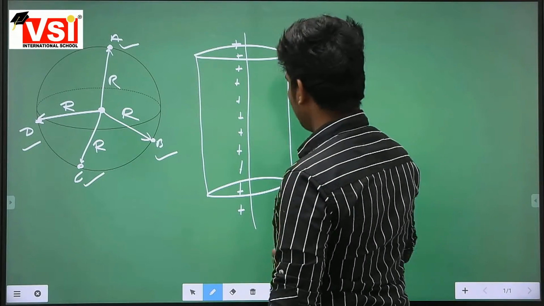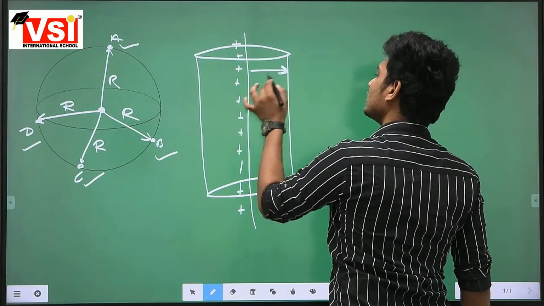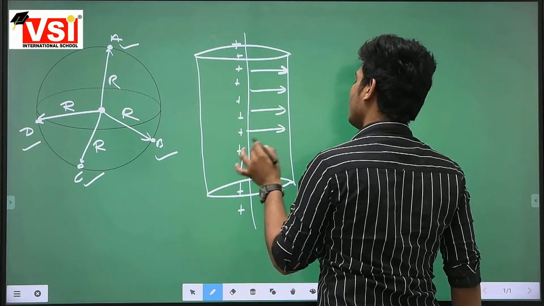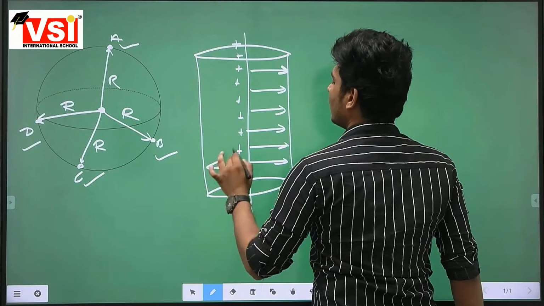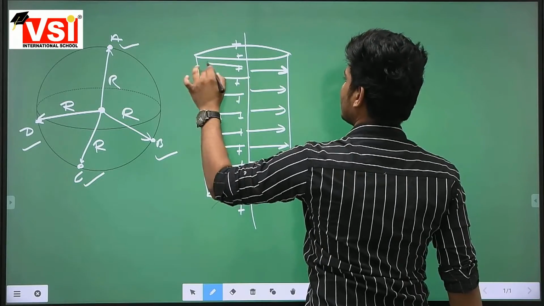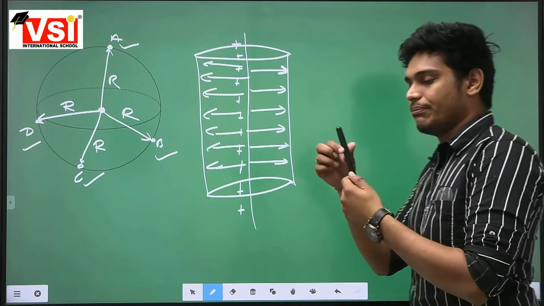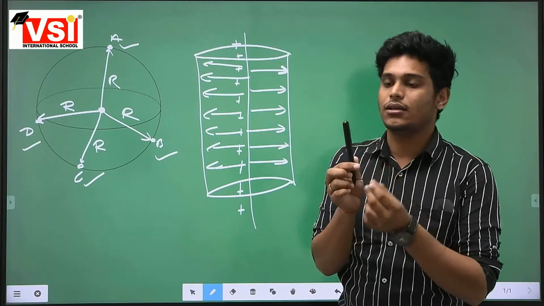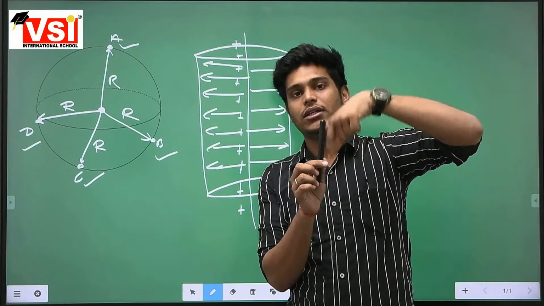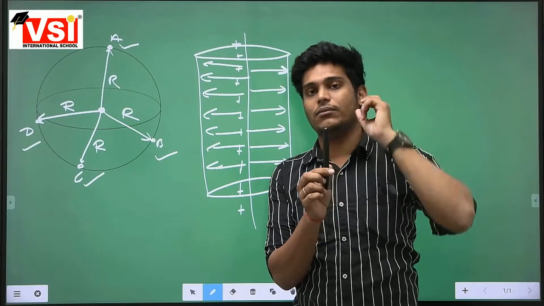For this example, each and every point placed on the curved surface is at the same distance from the charge. For example, this one is a pen, and let's consider that a charge is placed at the center, the line is going through the center, and on the line there will be charge.